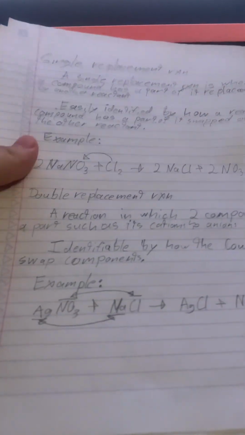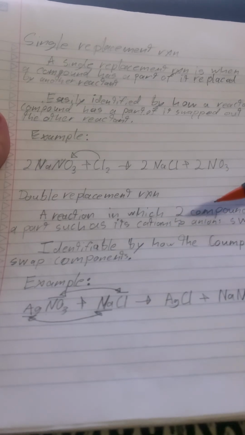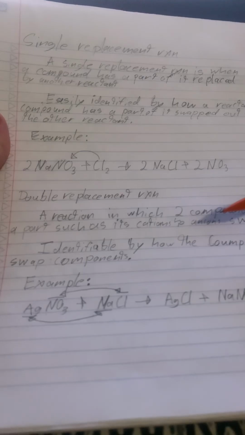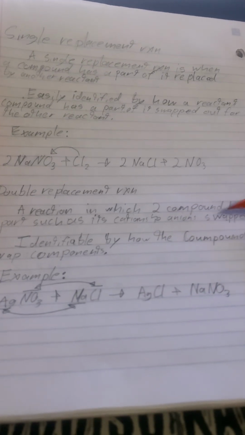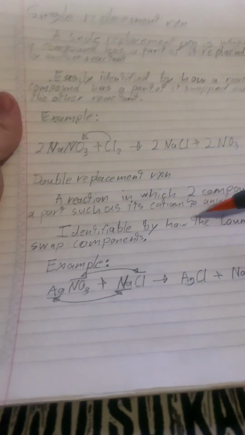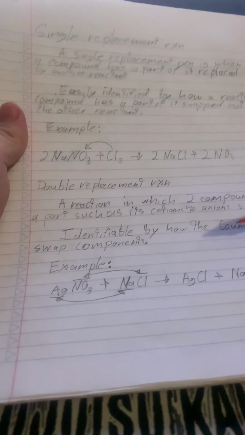Double replacement is a reaction in which two compounds have their cations and anions swapped. Identifiable by how the compounds swap components, simple as.